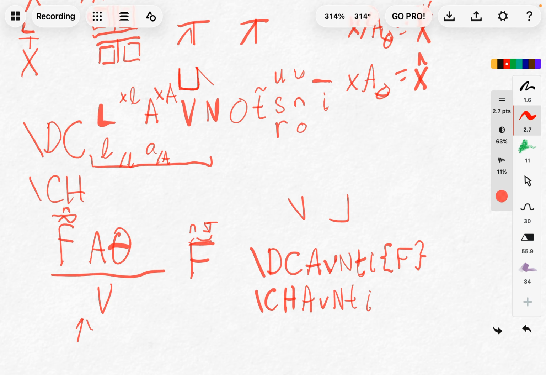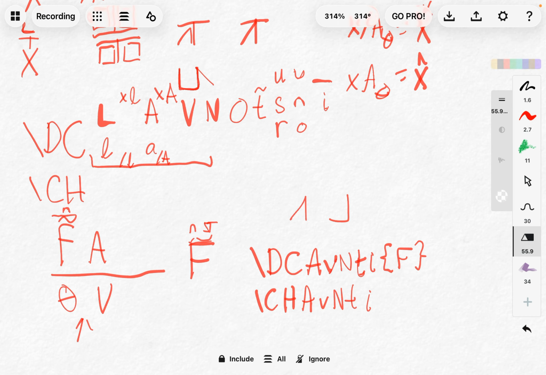And if we had gone with the correct diacritic, that is FA over theta V, we would have actually gotten this diacritic, and thus the diacritic here would have been, we're going over volume, then times area, and times volume. And of course, again, we just have the lowercase n here.